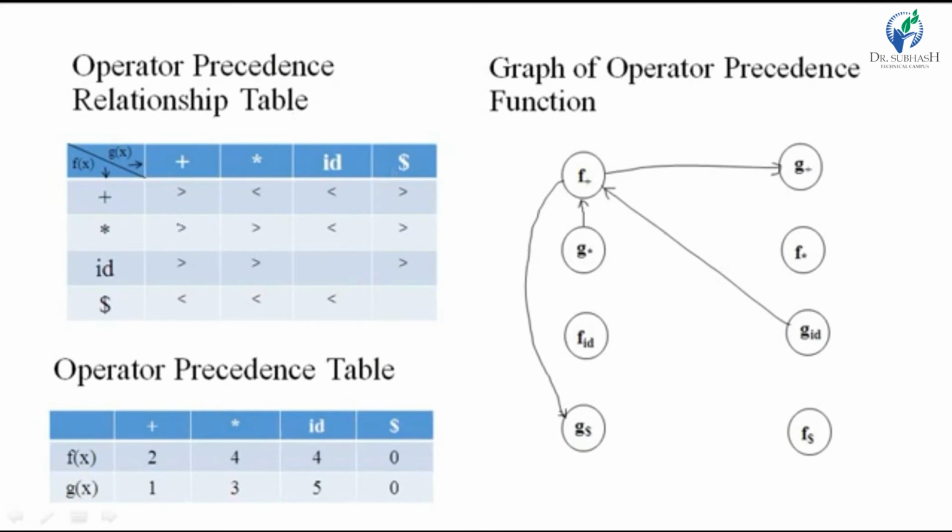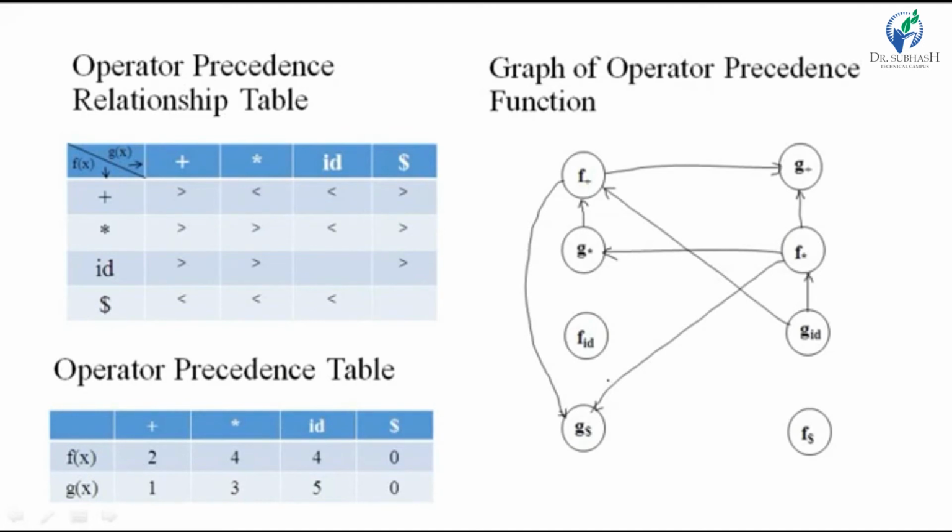F star to G star. Next F star to G ID: G ID has greater precedence, so it goes outward. F star to G dollar.